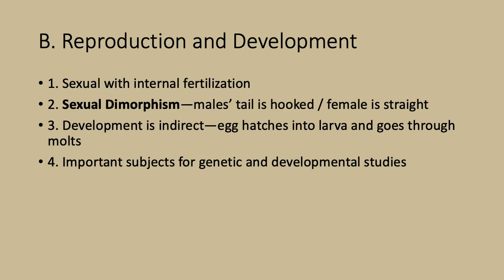You can tell the difference between males and females in pheasants, as well as a lot of other species of birds. Development is indirect, which means the egg will hatch into a larva, and then it goes through a series of molts. The reason nematodes are so important is that we use them in our genetic and developmental studies. In one species, C. elegans, we know exactly the fate of every single cell in that organism. C. elegans mature in about 3 days.